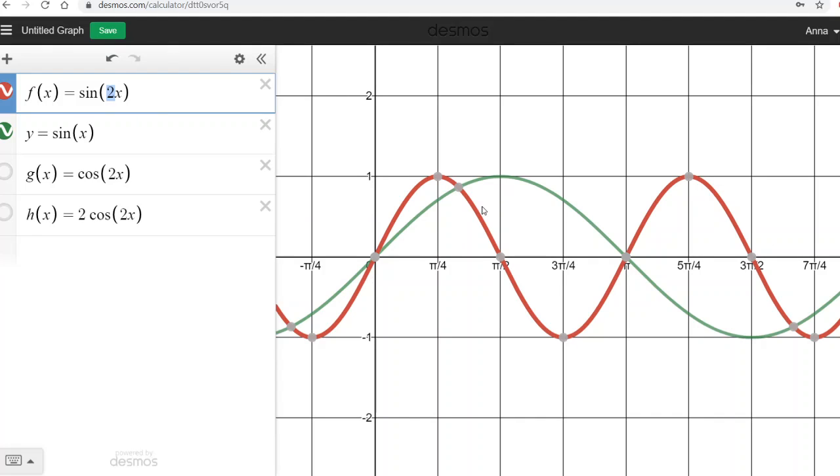But if we think about what that does to the shape of the graph, it also causes the graph to get steeper, right? If you look at the original sine graph, the very steepest that the slope ever gets to be is 1. How do we know that? Well, we know that the derivative of sine of x is cosine of x, and the highest value that cosine of x ever reaches is 1.